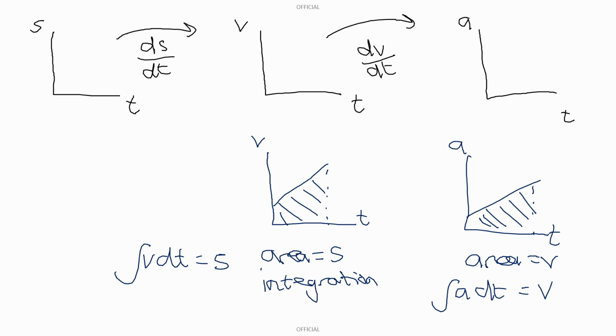So if I go in this direction, finding the area or integrating, let me just rub that out a second. Okay, if I integrate acceleration in this direction, and in this direction I'm integrating velocity. So just make sure you're clear on that.